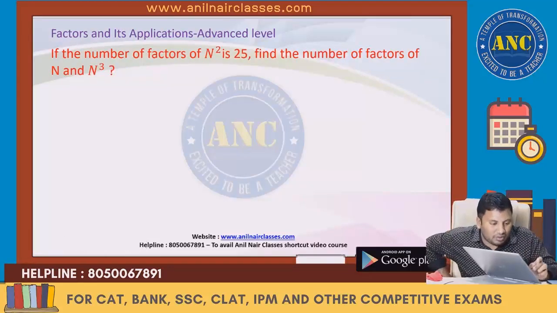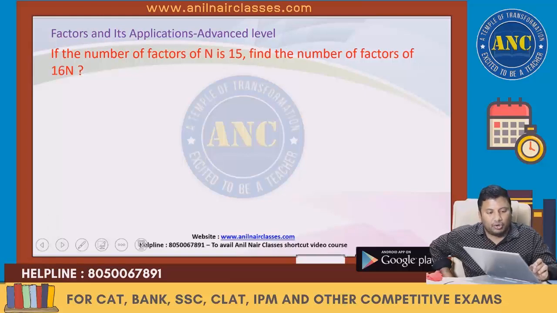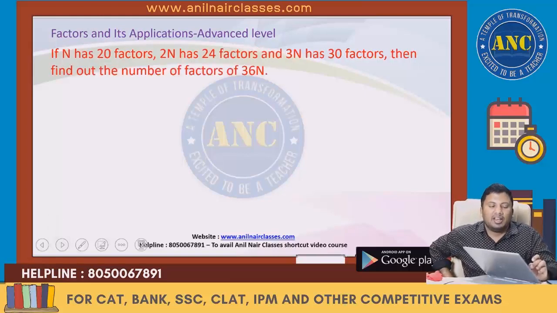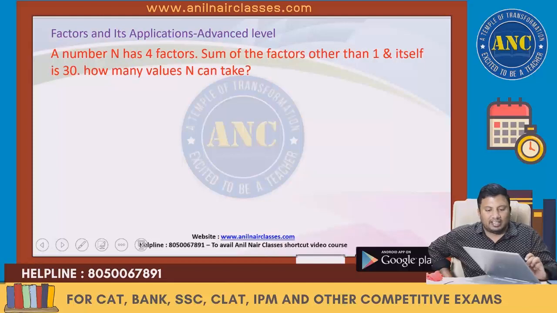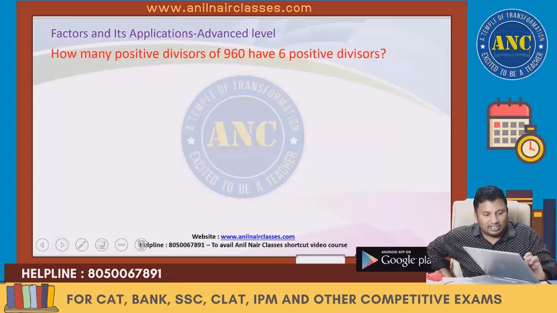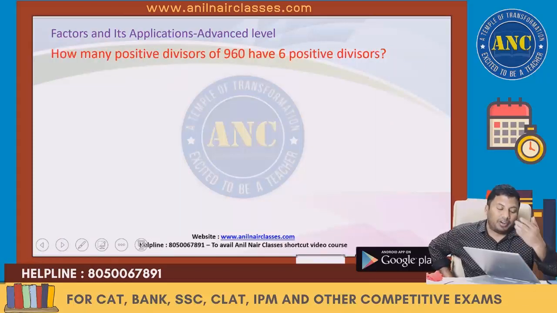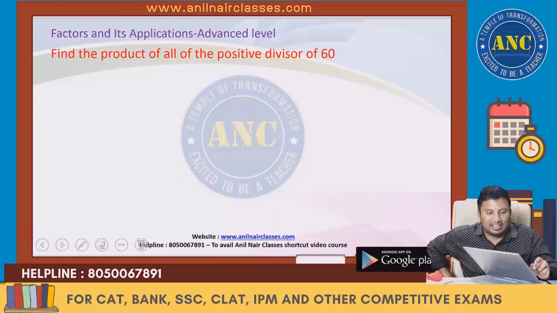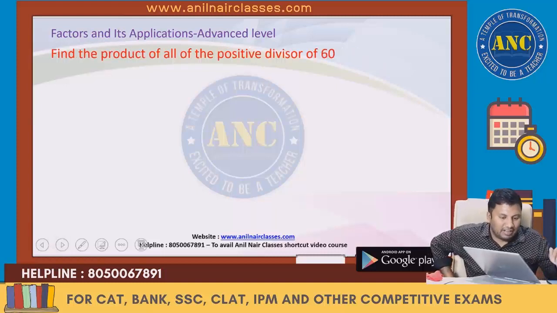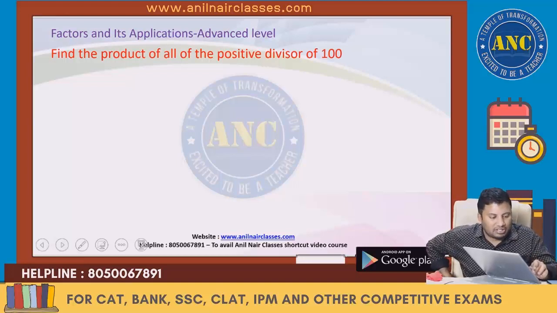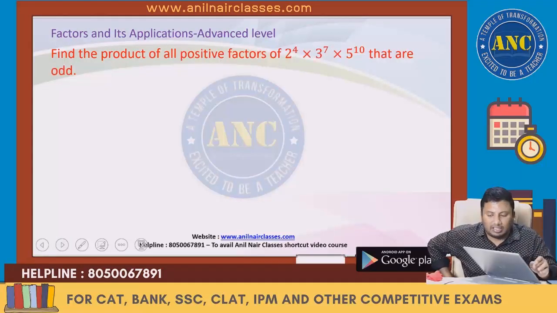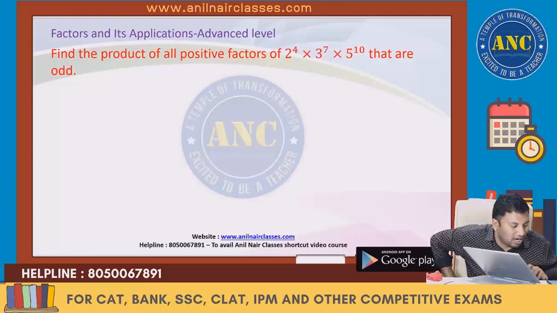Factors for n square is given, n and n cube, 16n, n has 20 factors, n has 4 factors. Factors for factors, all the varieties. Product of the factors, Srikanth, that's exactly the reason I stopped you there. Now see here, in product of factors, this is the question which you asked, Srikanth.